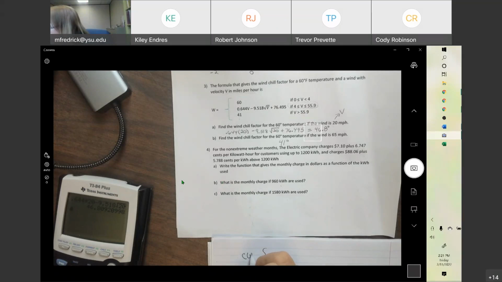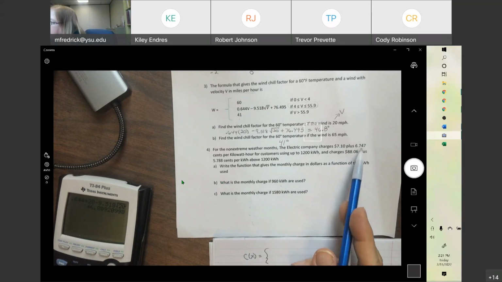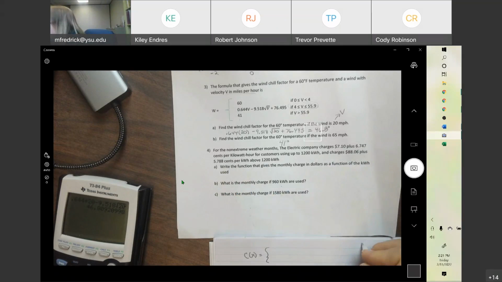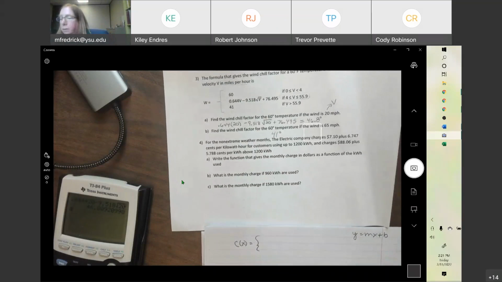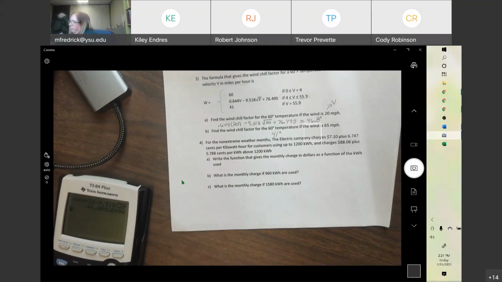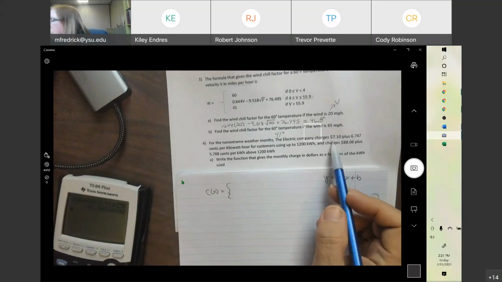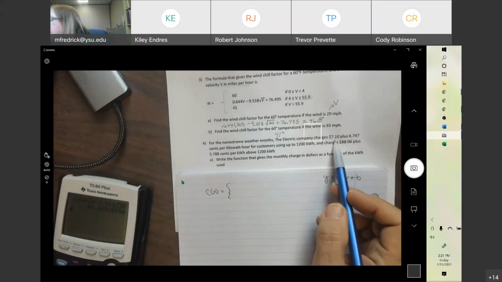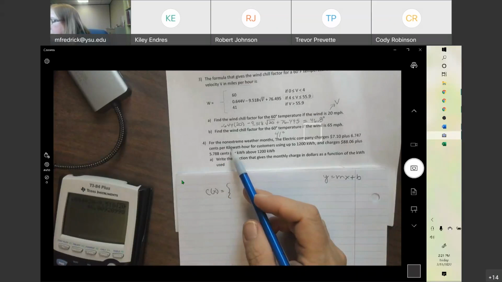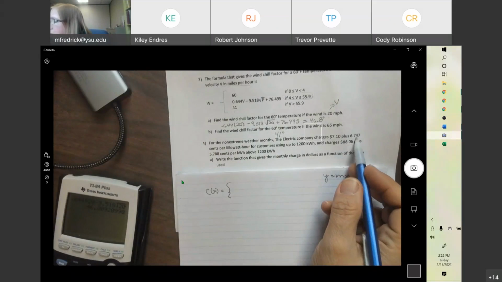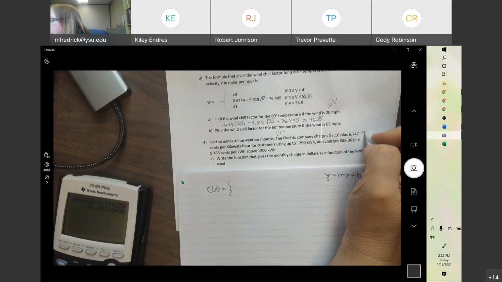So cost equals, the first one says $7.10 plus, and then it gives us the pennies per kilowatt hour. Remember, an equation, y equals mx plus b. $7.10, that's the fixed cost. This one is the rate because it's per kilowatt hours. Per means multiply. But this is in pennies, so we need to make it dollars.